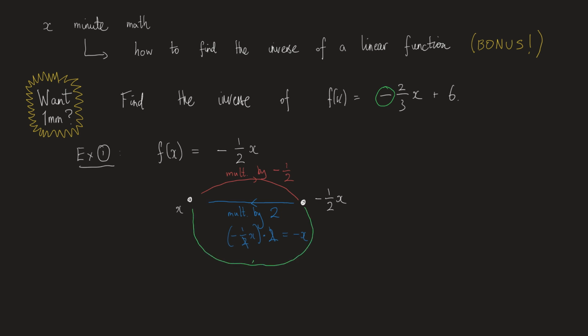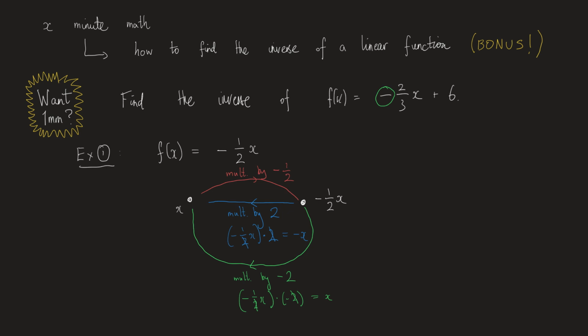So let's try a slightly different rule. Let's say we're going to multiply this time not by 2 but by negative 2. And indeed, if you do that, you can see I have the negative 1/2 x. I multiply that by negative 2. This time, the 2's definitely cancel, and I've got a negative times a negative, so I get back to where I started, namely x.